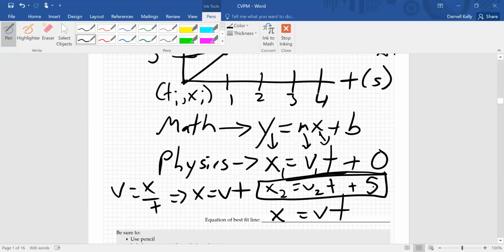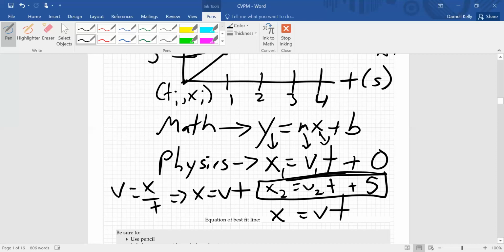I started someplace other than 0. Plus b times time equals x here. And I say x2 because that's my second line, my second position. But the basic equation of this line is x equals vt. That's all we need to worry about.